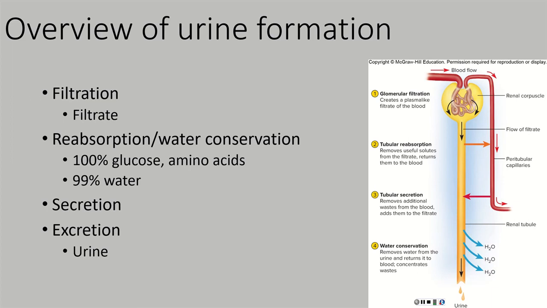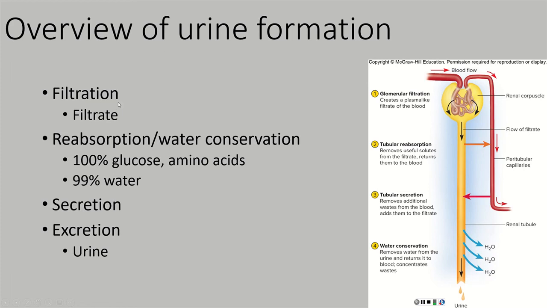We're going to talk about 4 main steps of urine formation, and these terms will actually mean something very, very specific in this chapter, and it might be a little bit different from what you're used to hearing these terms mean in other settings. So the first step of urine formation is filtration.